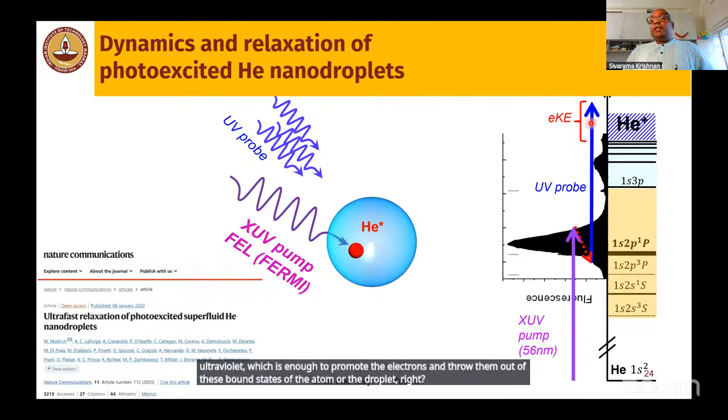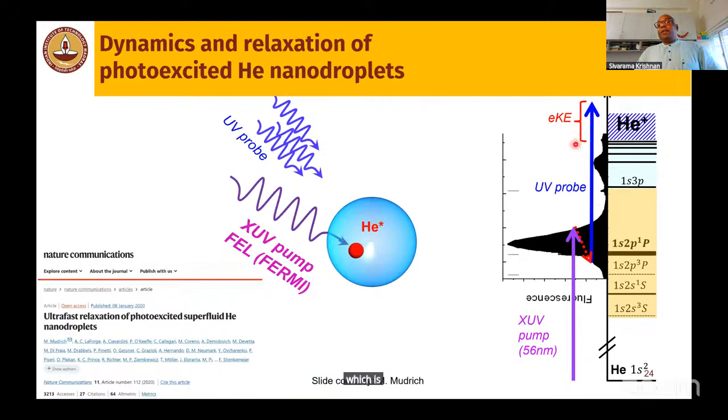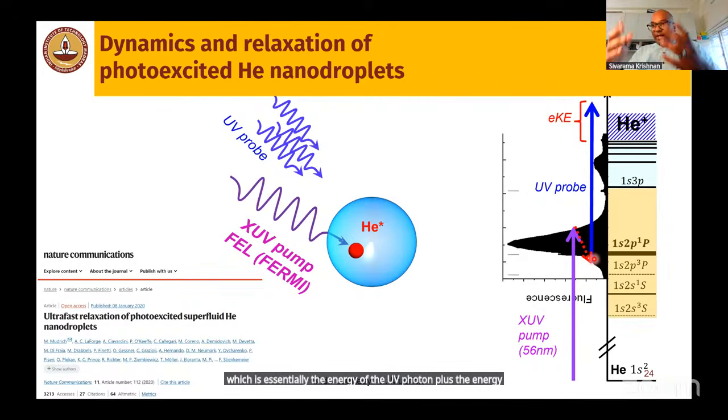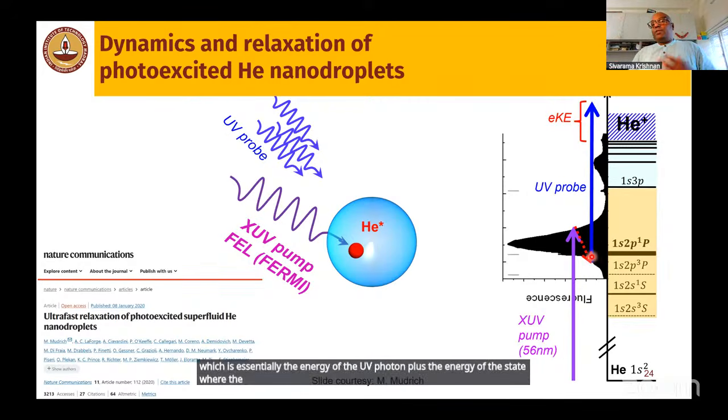And in the process, owing to the photoelectric effect, the electron comes out with a certain kinetic energy, which is essentially the energy of the UV photon plus the energy of the state where the electron lives, less the ionization energy of the helium atom.